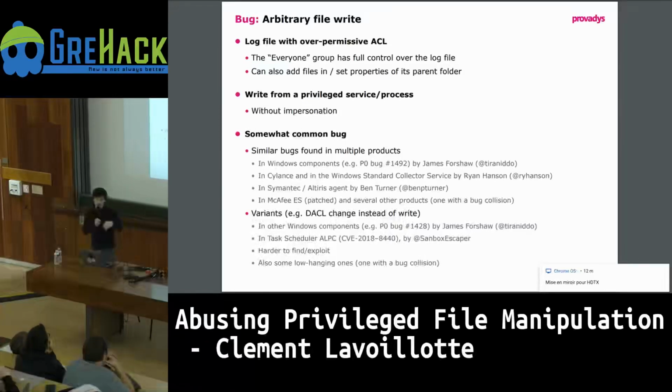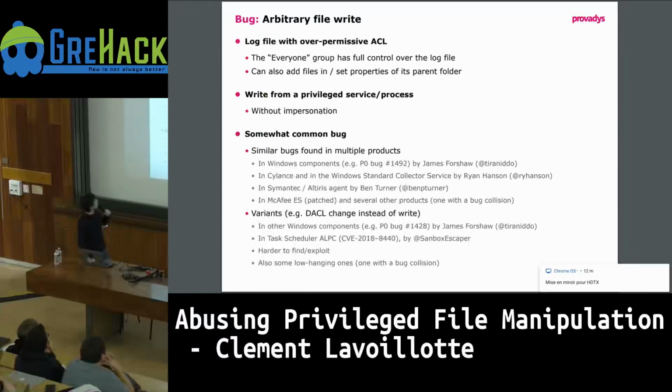As well as variants, for instance, instead of an arbitrary file write, you have an arbitrary ACL set, so an arbitrary ACL that is set on your file. This was, for example, used in these two bugs, one in a Windows component and the one in the ALPC bugs that the first speaker talked about.